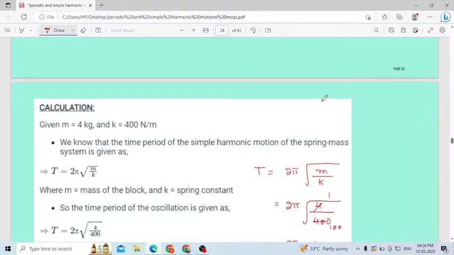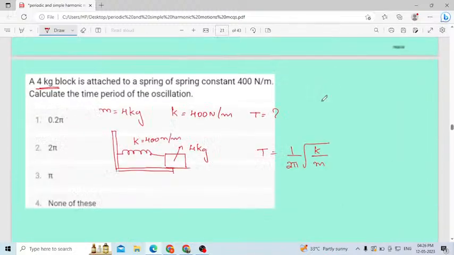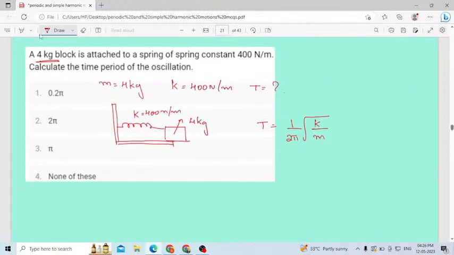Otherwise, reverse also you can consider, but consider 2 pi m by k. I will erase this one. Better to consider this way only: 2 pi square root of m divided by k. Then 2 pi, write as it is.